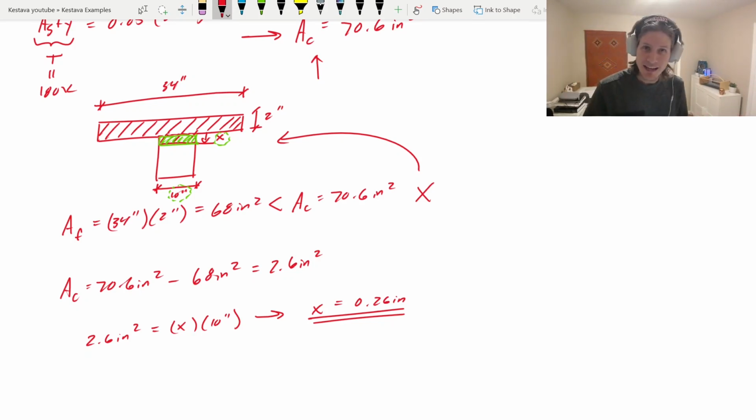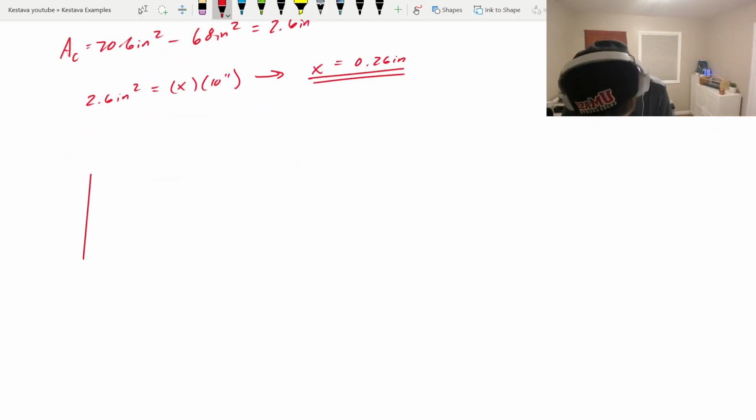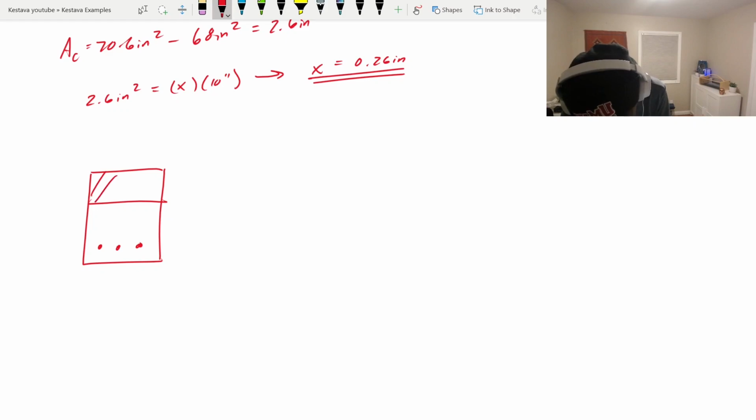Now, let's find the capacity of this member, shall we? Well, how are we going to do that? Before, when we just had a rectangular beam, and we had some area of steel in it, and then we have some compression block up here. This is a. This is d to your steel.